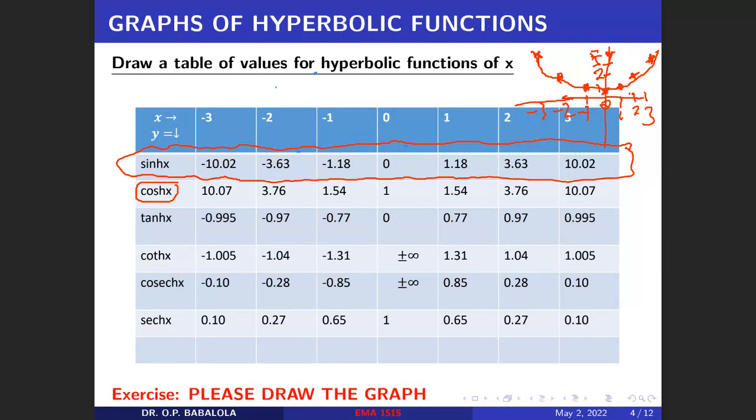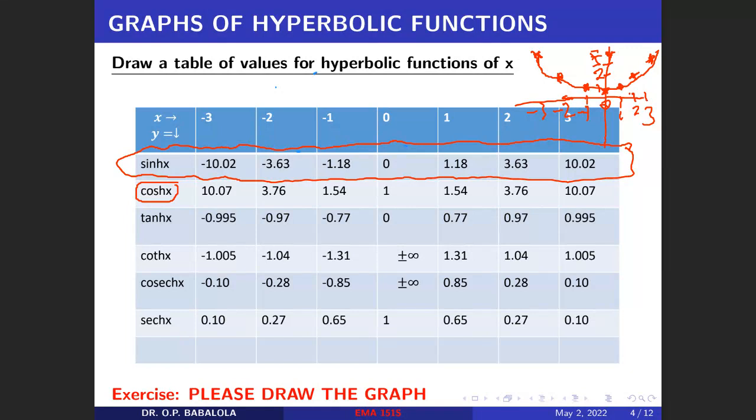Now, what have I done? I'm considering cosh x. On the x-axis, it goes from 0 to the positive side, which is 3, and goes on the negative side to minus 3, right?